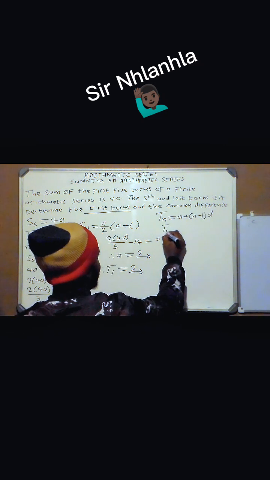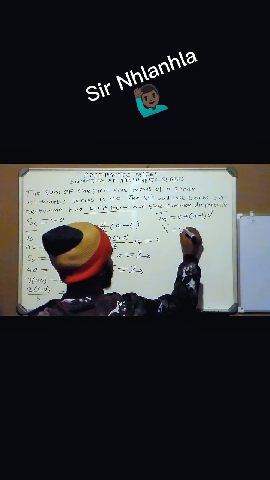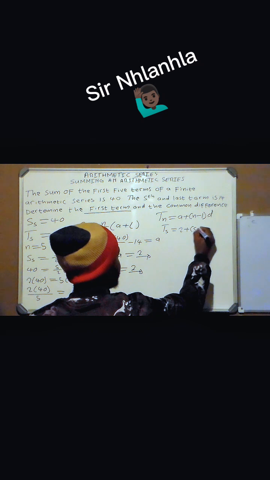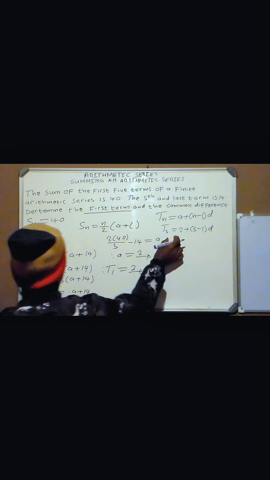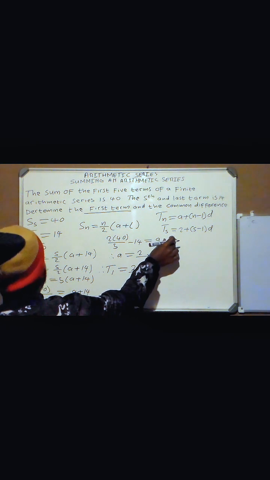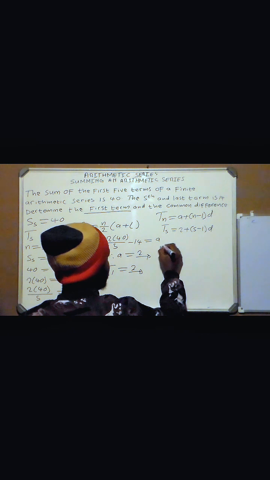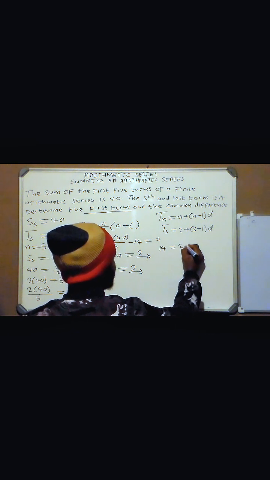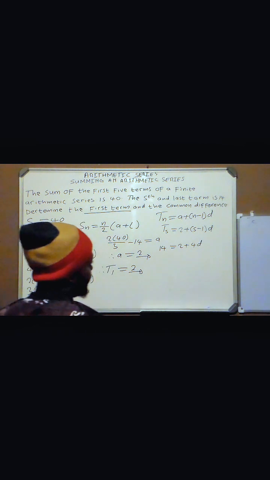So we have T sub 5 equals, what's our a value? 2, plus 5 minus 1 multiplied by our d. But our T sub 5, or the fifth term of the sequence, is equal to 14. So this will be 14 equals 2 plus, 5 minus 1 is 4, multiplied by d.